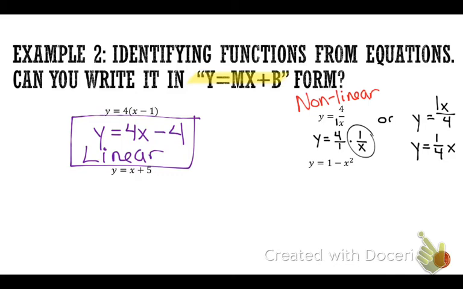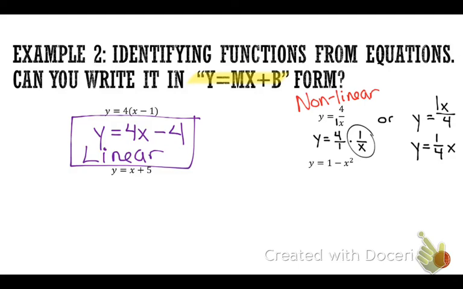What do you guys think? I want you to write your answer right now on your paper. What do you think? Do you think that's linear or non-linear? Write it on your paper. I want everybody to have an answer written down. What do you guys think? Sam, what do you think? I put non-linear. You put non-linear? Okay. Is it written in slope-intercept form? Yeah, so it's linear. Okay.